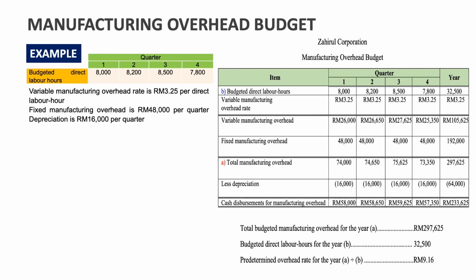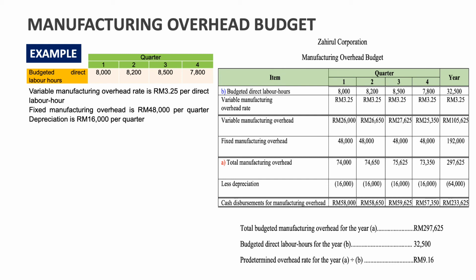And then the variable manufacturing overhead rate. So some overhead will be variable, some will be fixed. So you need to calculate the variable first. So the variable manufacturing rate per hour is 3 ringgit and 25. So that will give you a total of 26,000 ringgit variable manufacturing overhead.